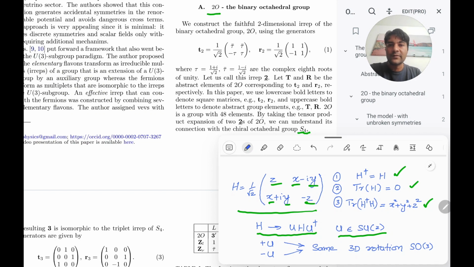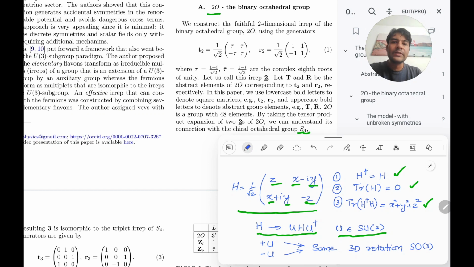We have 5 platonic solids, and corresponding to these platonic solids, we have 3 finite groups: a tetrahedral group, octahedral group, and icosahedral group. Now, as we saw here, there is a correspondence between SO3 and SU2. So when you discretize this, there should also be a discrete version in the space of SU2. So these groups are the binary groups. This is their origin.